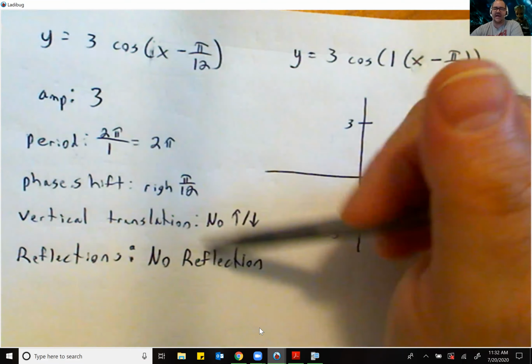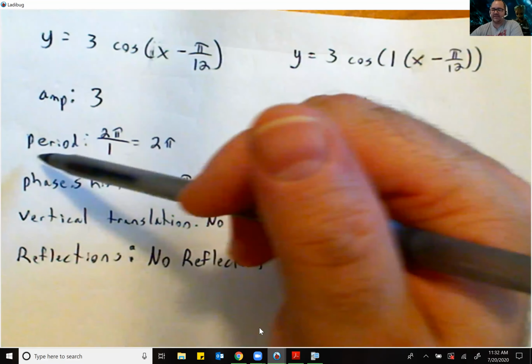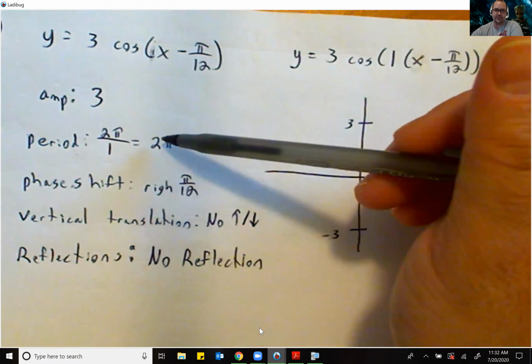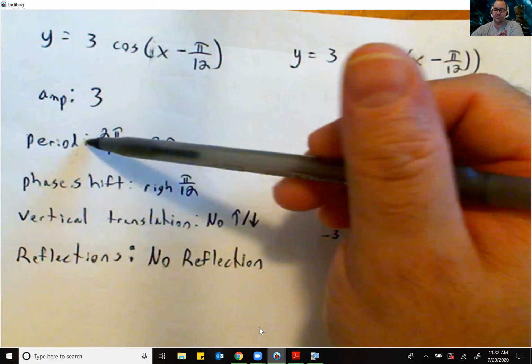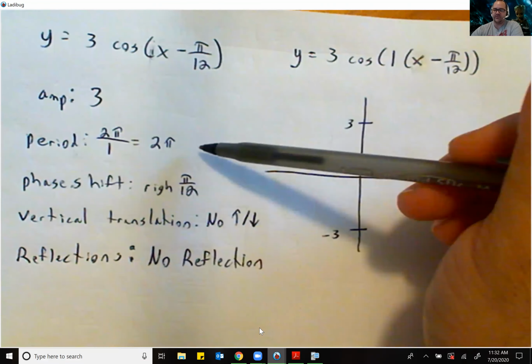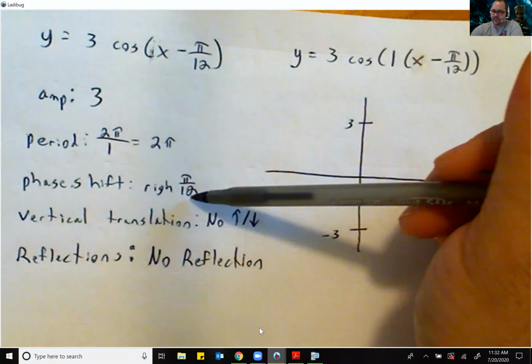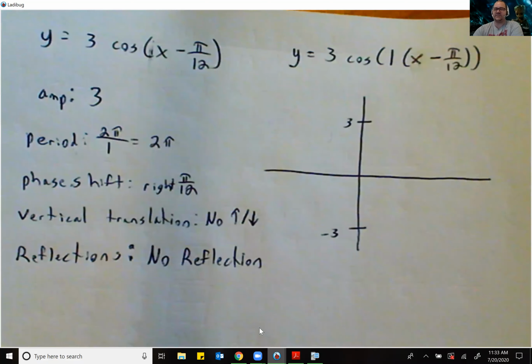Some of these might have a sliding rule where you just slide it over. Sometimes the phase shift does that, and sometimes the period does that as well, where it's a slide rule. All you do is slide it over to 2 pi and leave it, or slide it over to pi over 12 and leave it. Other times you're just typing it in.